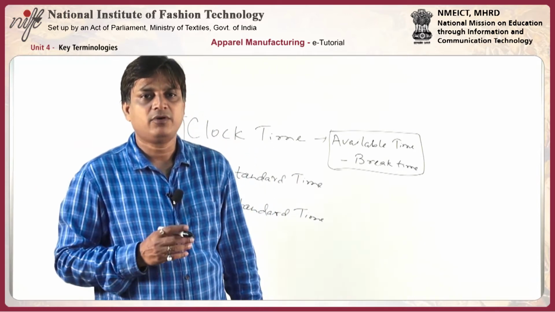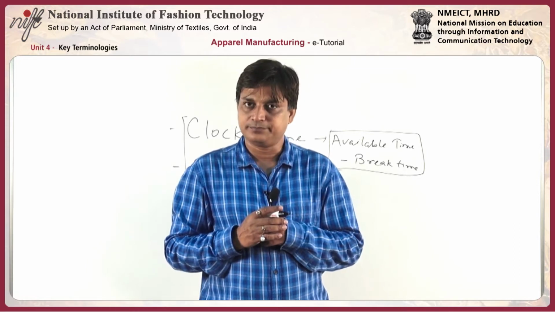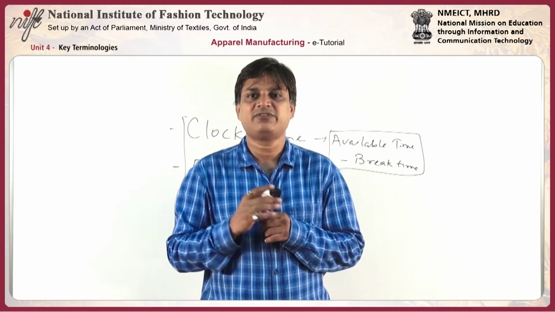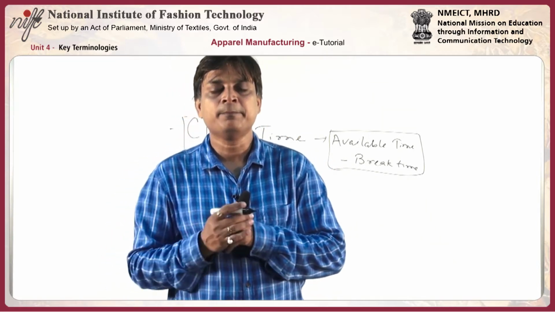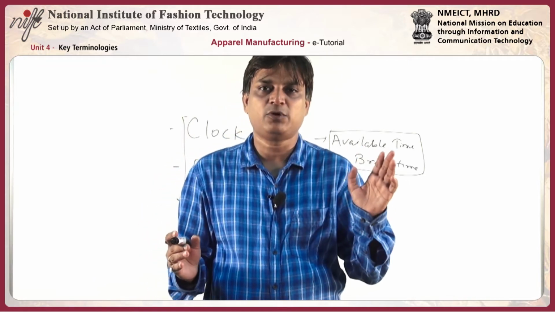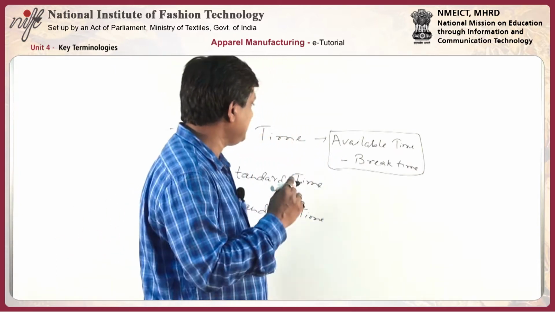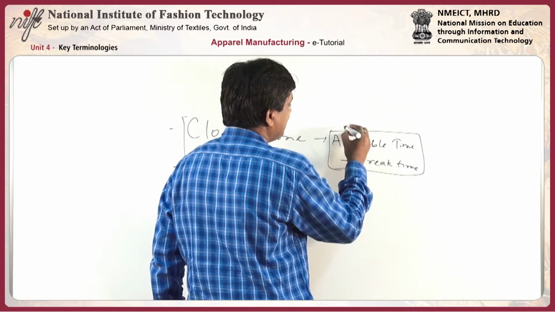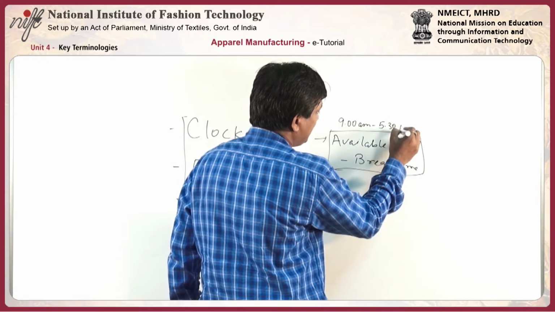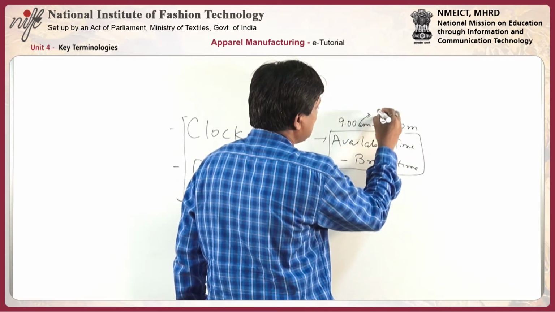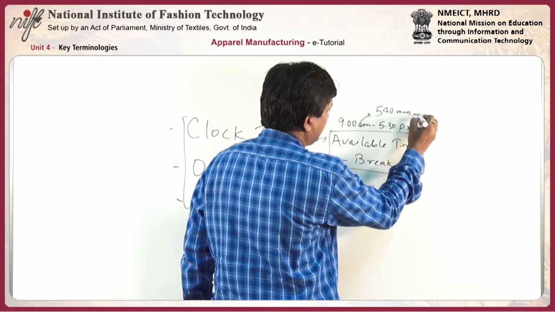So what is available time? We take the example of an operator who comes inside the factory in the morning at 9 a.m., and he leaves the factory at 5:30 p.m. So the total time he is inside the factory is from 9 a.m. till 5:30 p.m. The total time is 540 minutes, that is 8.5 hours.